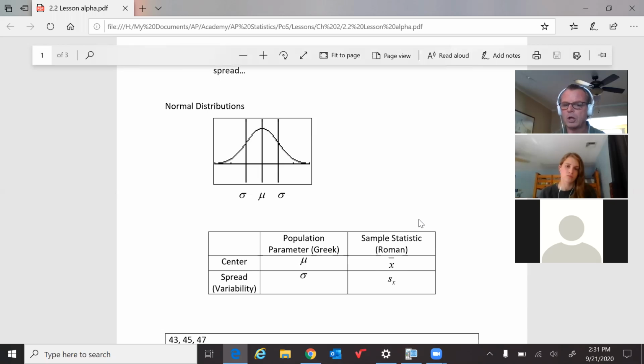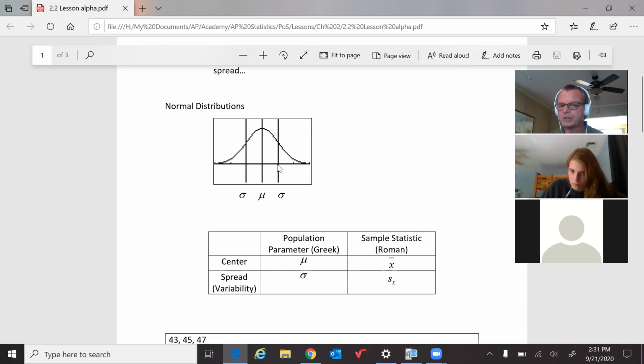So you have to remember, parameter goes with population, a statistic goes with sample, and you have that alliteration there to help you. We recognize that with Roman letters. If you see Roman letters, x-bar, s of x, that's telling you you're dealing with a sample. If you see Greek letters, that's telling you you're dealing with all of the values. That's the population.